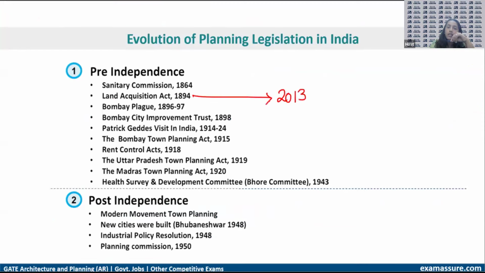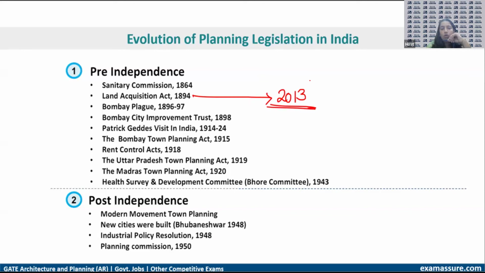It was modified, and the Land Acquisition Rehabilitation Resettlement Act came in 2013. Fine. Then again, the Bombay plague leading to city improvement trusts being formed, Patrick Geddes's visit to India, the Bombay Town Planning Act, various acts that have happened pre-independence and post-independence.